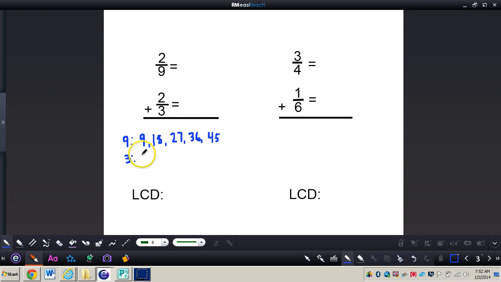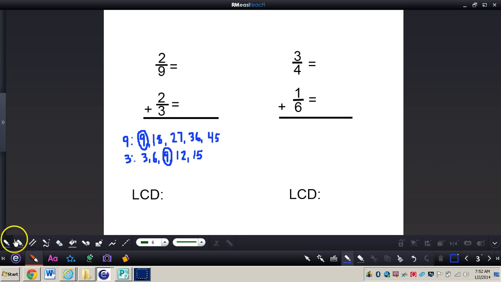Same with my 3, 3, 6, 9, 12, 15. Okay, so I can see in my 2 rows that 9 is actually in both rows, and that's the least common denominator. The LCD for 2/9 and 2/3 is actually going to be 9.